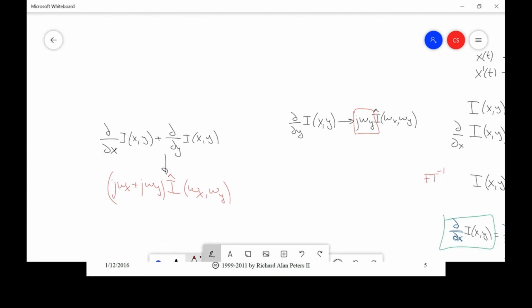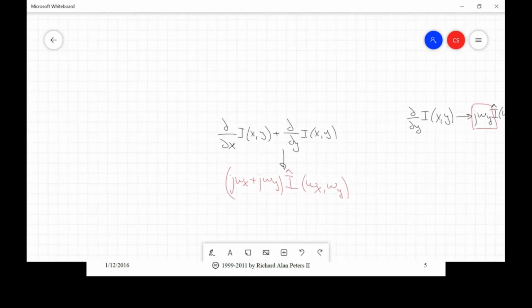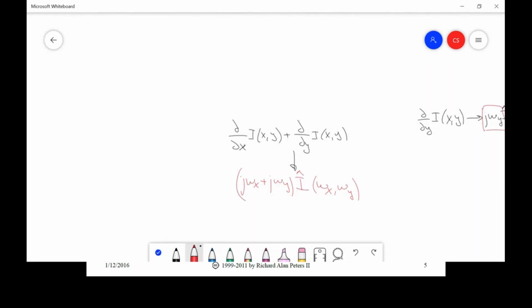So what is the drawing for this linear system? You have an input image, then it goes through a couple of systems. One has frequency response j omega x, the other one j omega y, and then you're adding both. And this is your output.